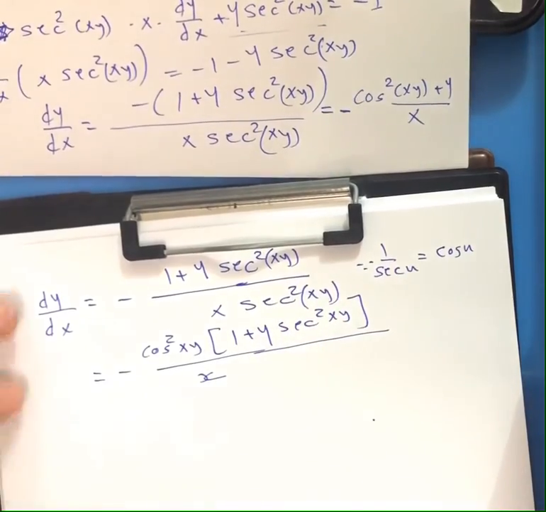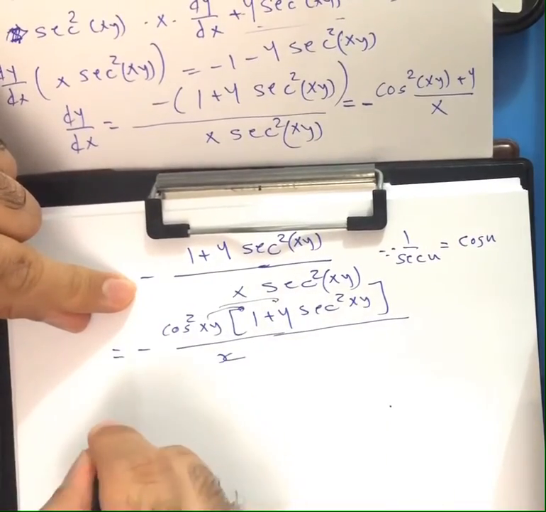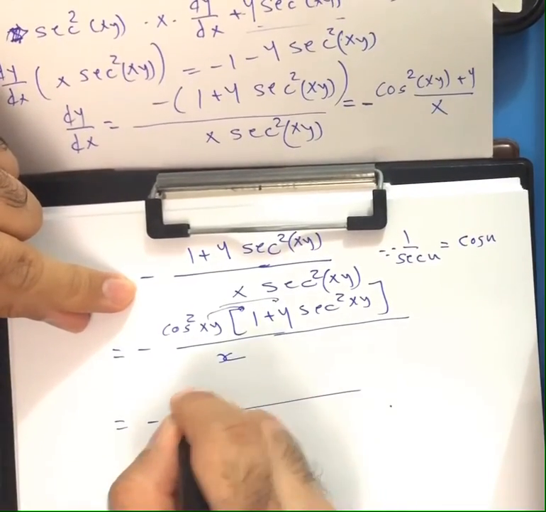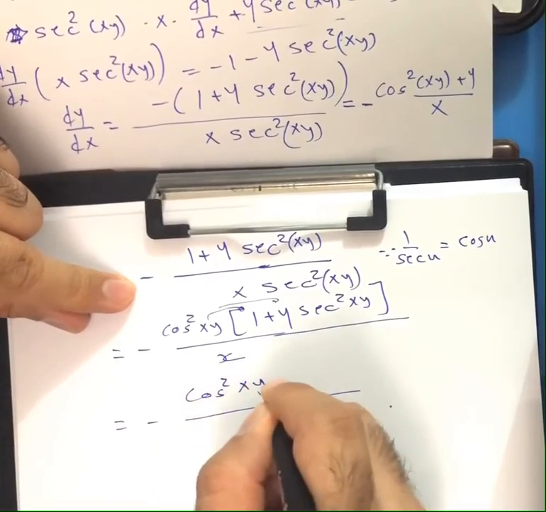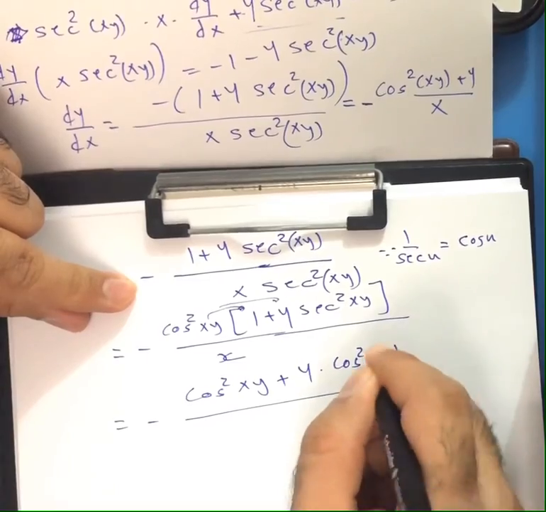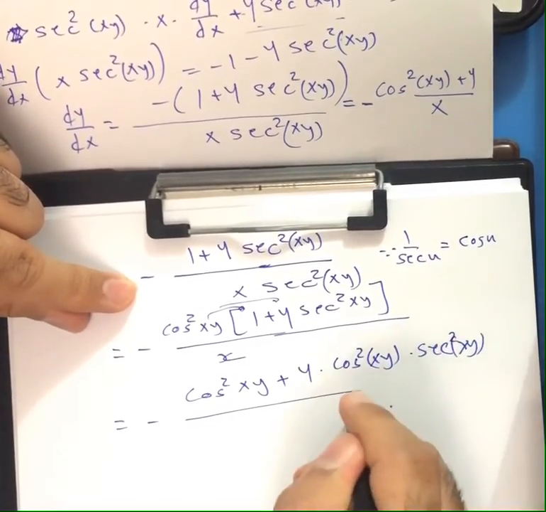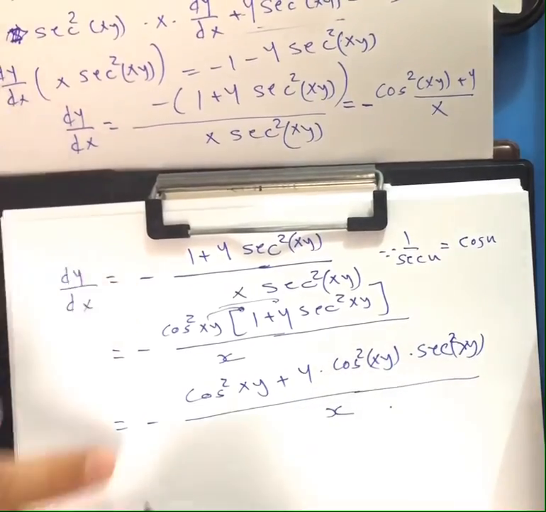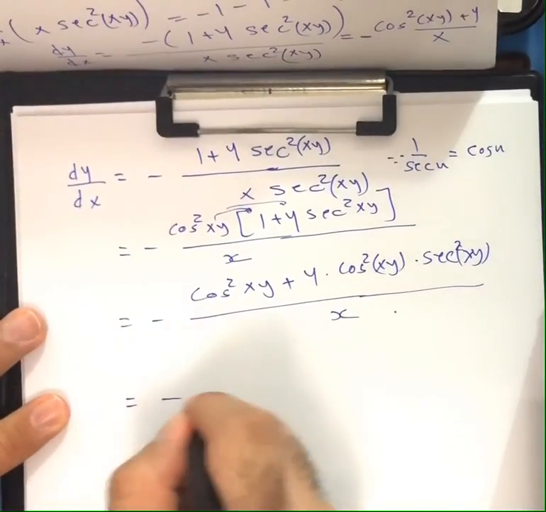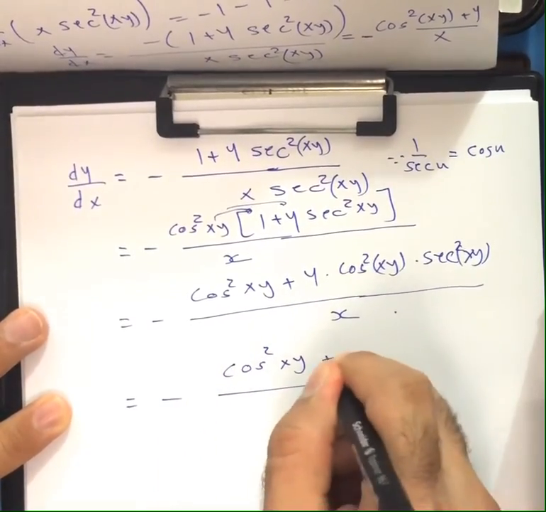Now, I will distribute the cosine on this, so that this will be minus cosine square xy plus y multiplied by cosine square xy multiplied by sec square xy divided by x.